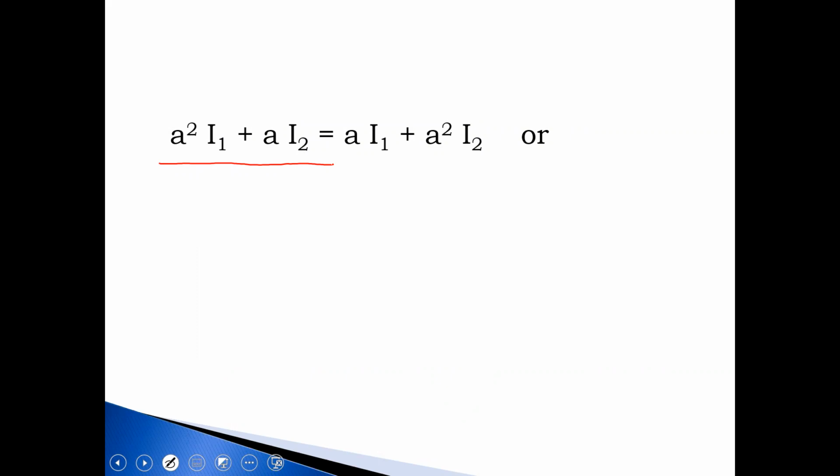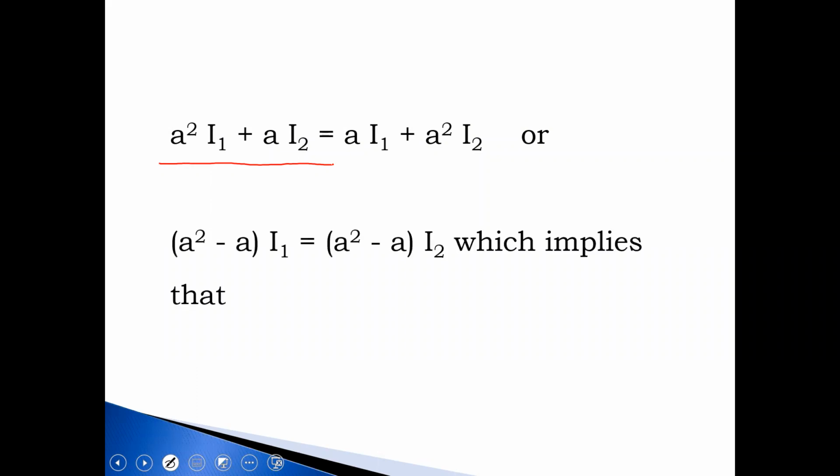All right? I can bring the I1s together. I can bring the I2s together and factorize. And what we have is that A squared minus A times I1 is equal to A squared minus A times I2, regardless of what these are.